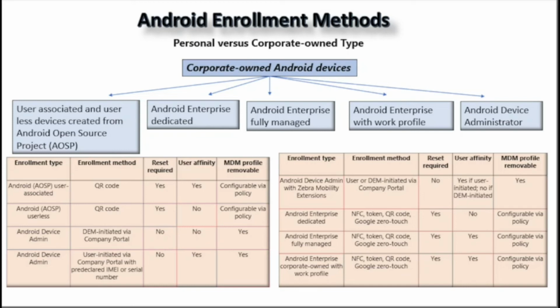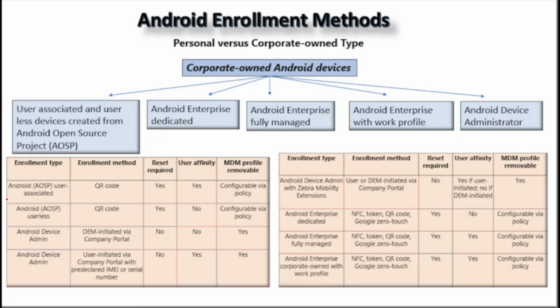We can use Android enterprise fully managed, where we are going to manage the entire device and can control and restrict all the settings. We can also use Android enterprise with work profile, in which companies allow the company owned device to be used for personal use, while companies only manage the work profile installed on the device.